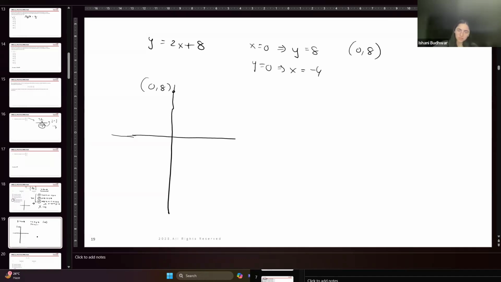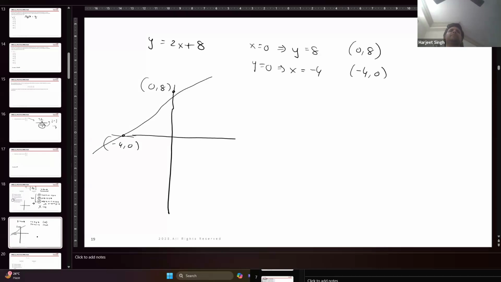So the other coordinate is -4 comma 0. So -4 comma 0, can I say is in the second quadrant here? So this is your line, y equal to 2x plus 8.